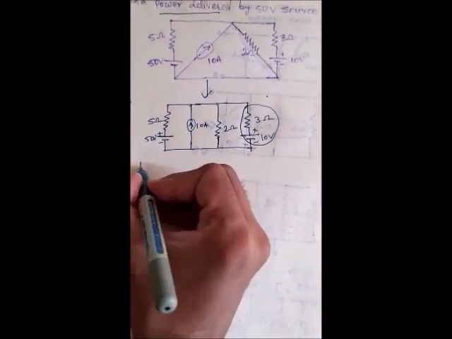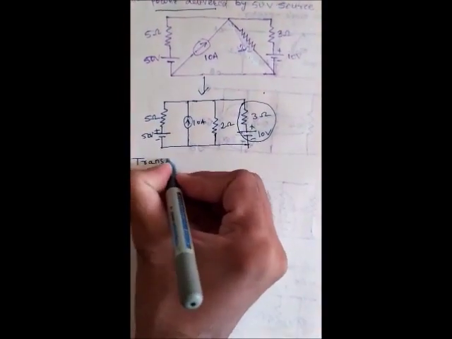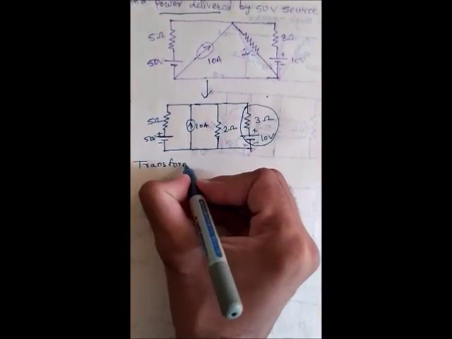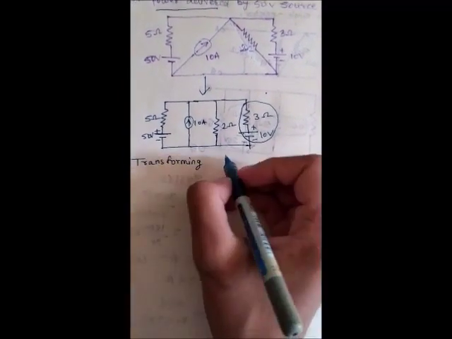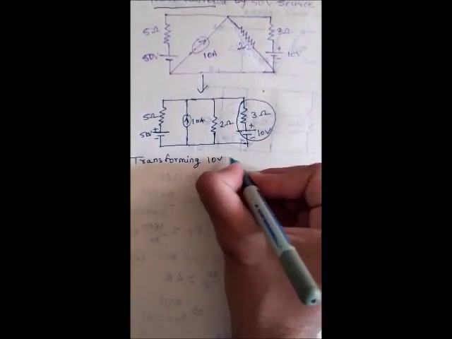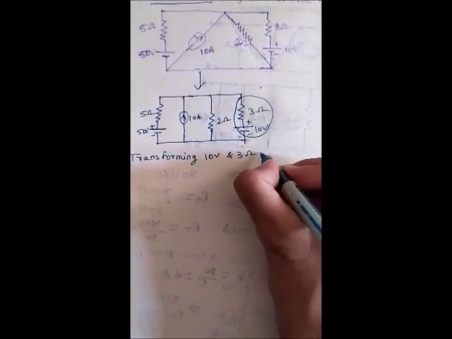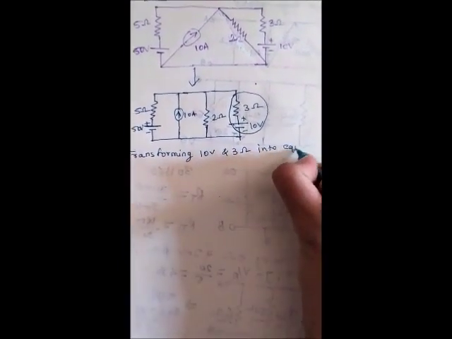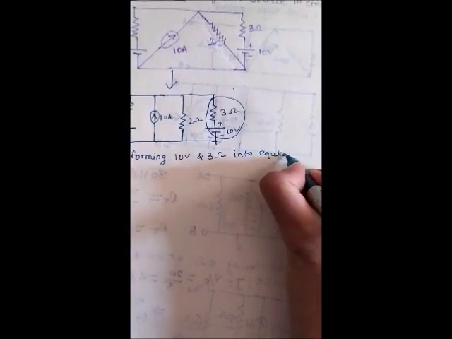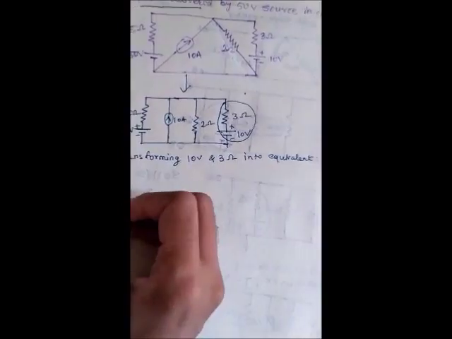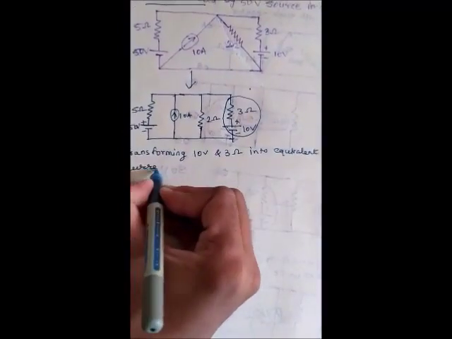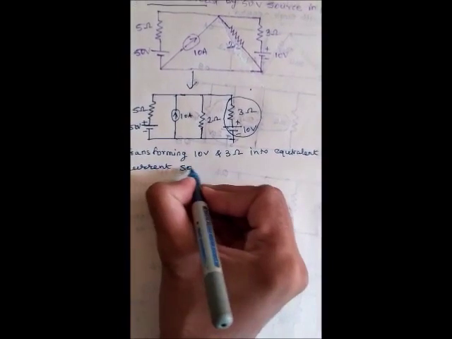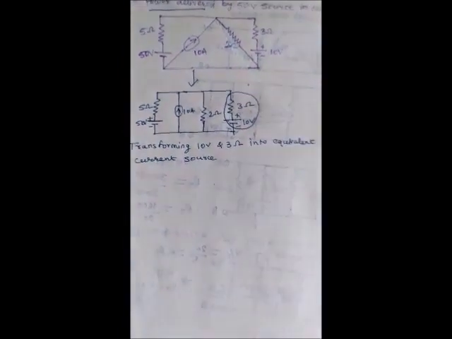Then transforming 10 volt and 3 ohm into an equivalent current source.